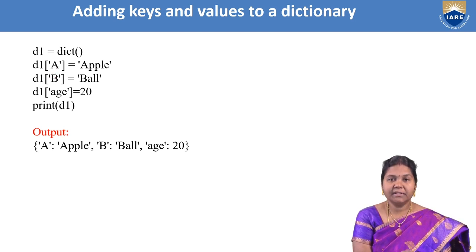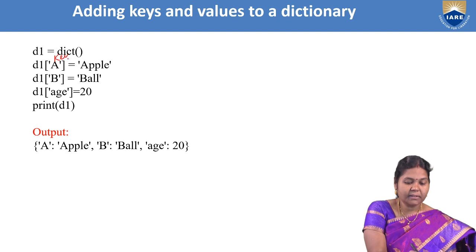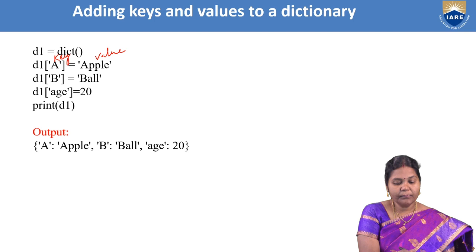Here A, B and age are strings. The key must be written in square brackets. D1 of A is equal to apple. Here A is the key and apple is its value. In this way, one key value pair can be inserted into a dictionary.